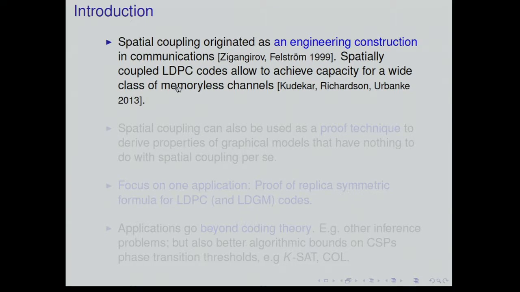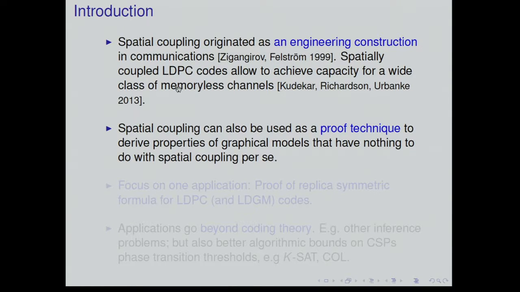So I'm talking about LDPC codes that we are going to spatially couple. I'll explain what this is. Now, for today, my goal is not to construct very good LDPC codes. I'll study standard LDPC codes.